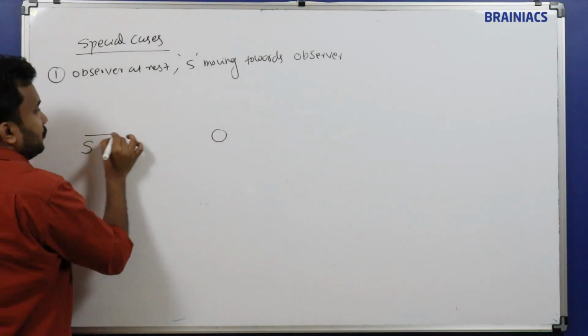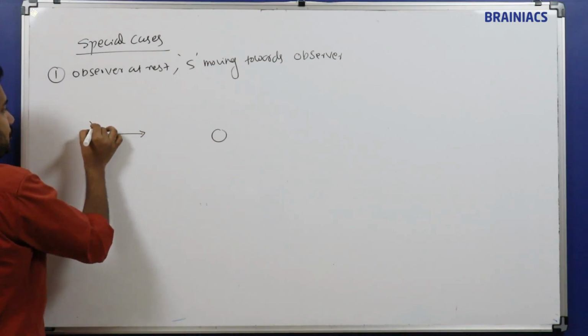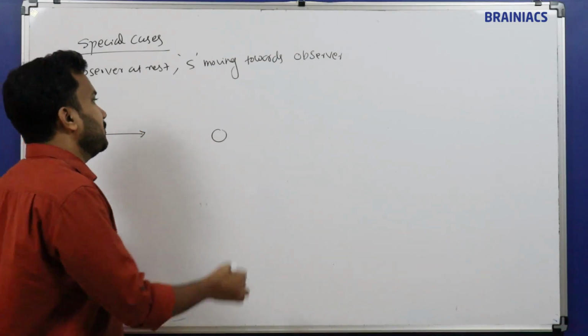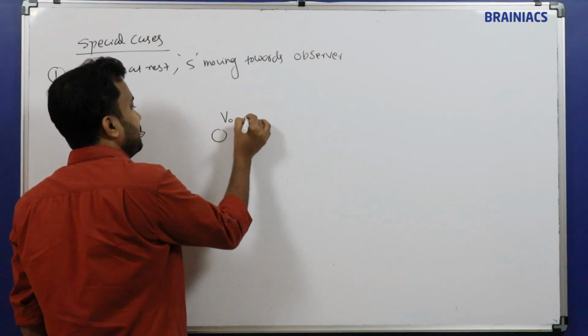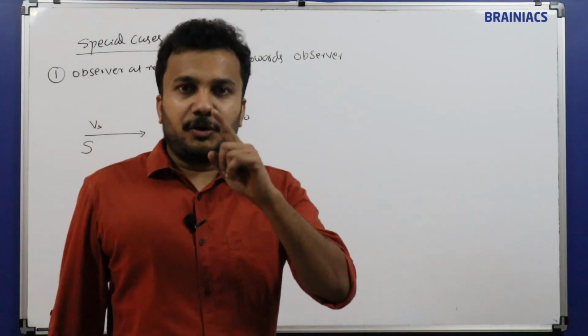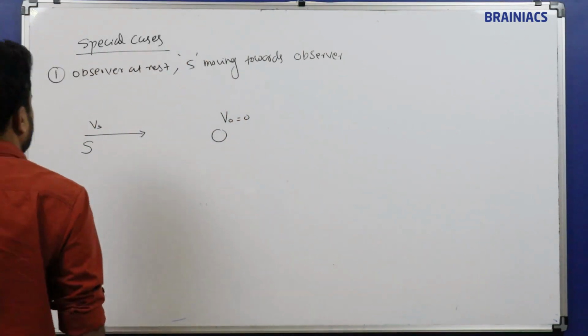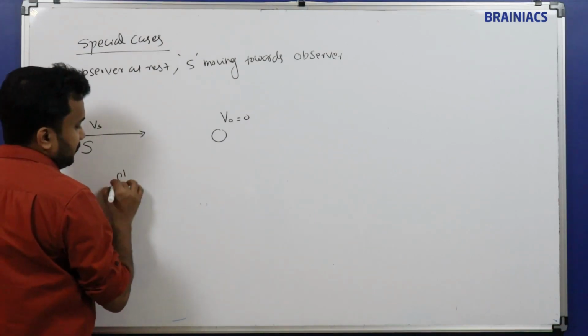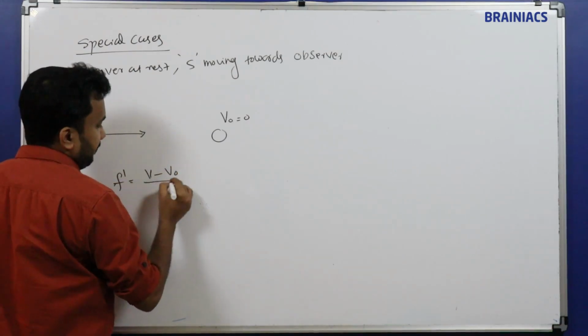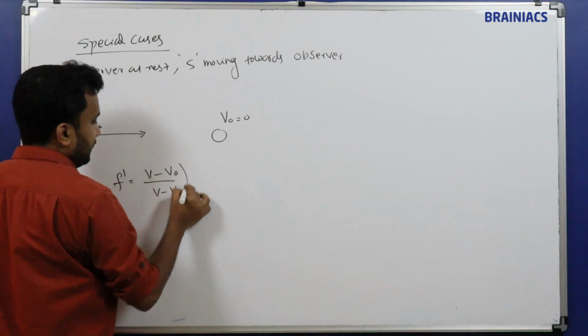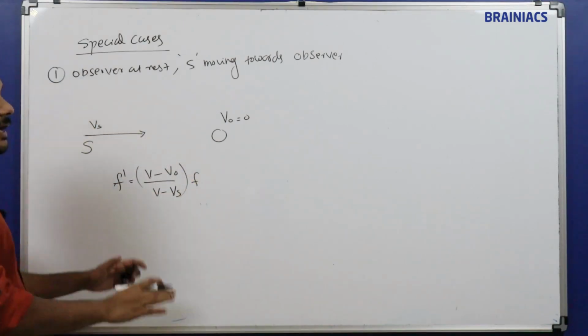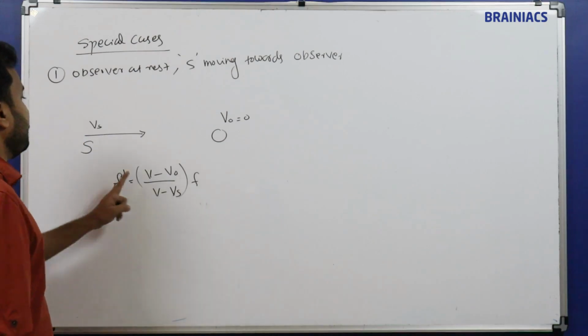This is the observer, this is the source moving with velocity Vs. The observer is at rest, so observer velocity is 0. For any type of question, first you have to write the formula: F dash will be equal to (V minus V naught) divided by (V minus Vs), into F. Then substitute the values.